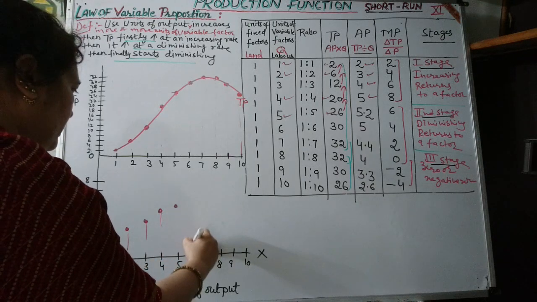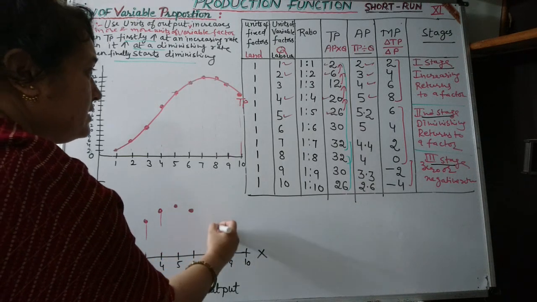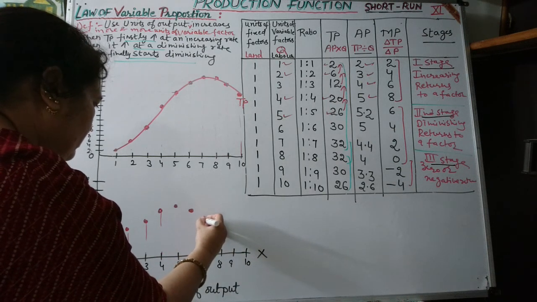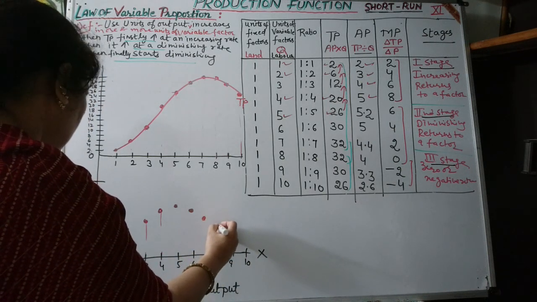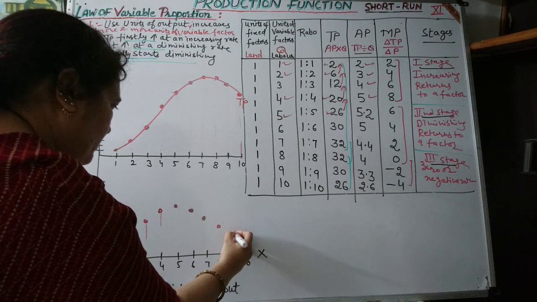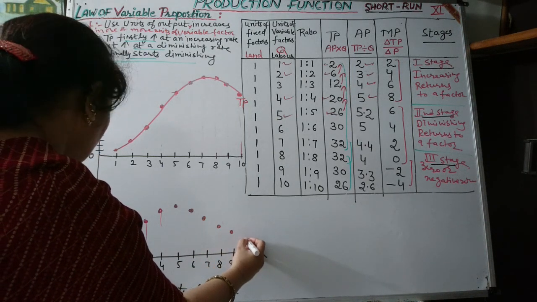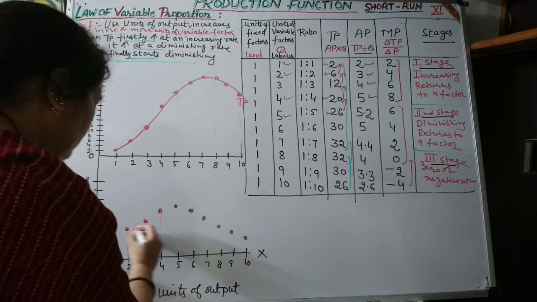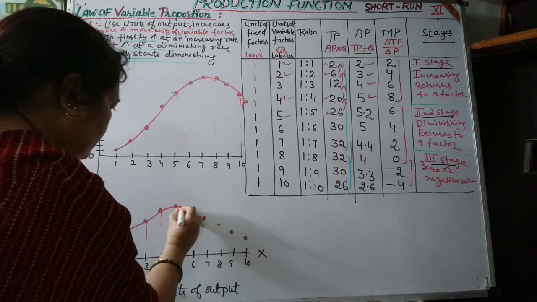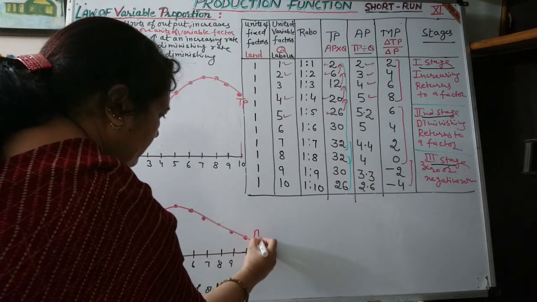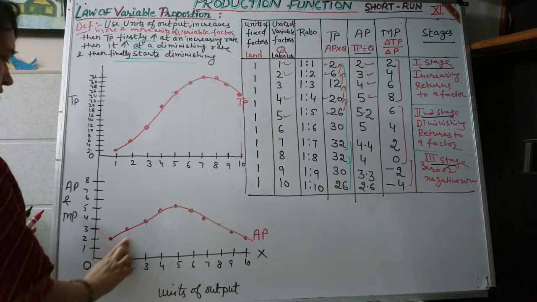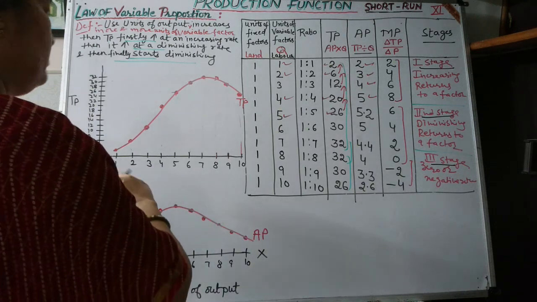At sixth unit, again 5. Seventh unit, 4.4. At eighth unit, this is 4, then 3.3, and last one is 2.6. Average production.